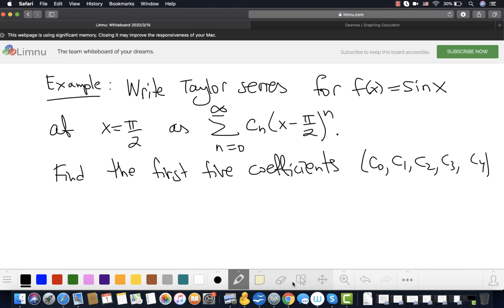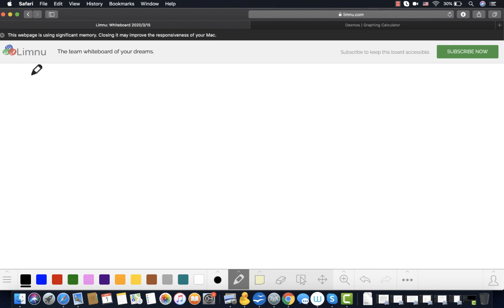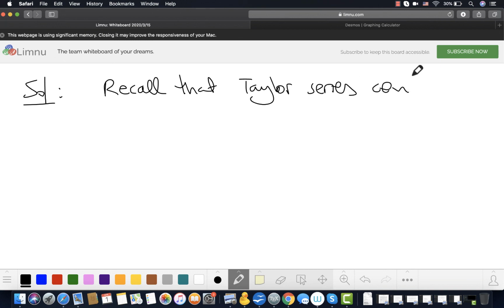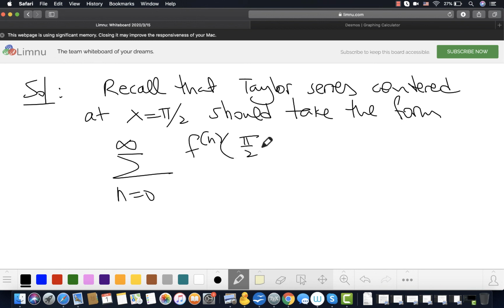Okay? So to find the coefficients of the Taylor series, we just have to remember what the formula is, right? So the solution is the following. Recall that the Taylor series centered at x equals pi over 2 should take the form sum n goes from 0 to infinity of the nth derivative of the function evaluated at pi over 2 divided by n factorial times x minus pi over 2 to the power of n.